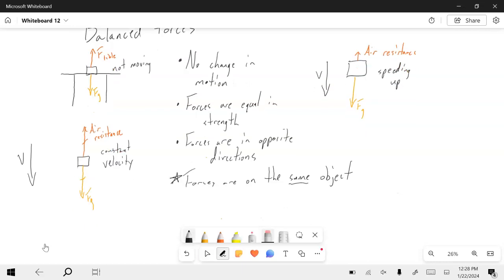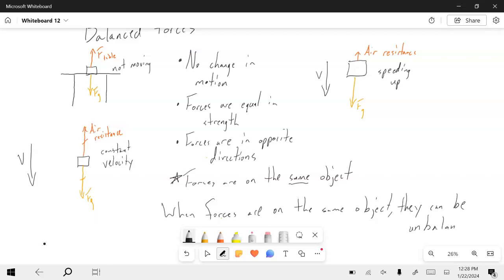Okay, and just to be clear, when forces are on the same object, they can be unbalanced. And there's an example of that. Okay. So balanced forces are forces that are acting on the same object.